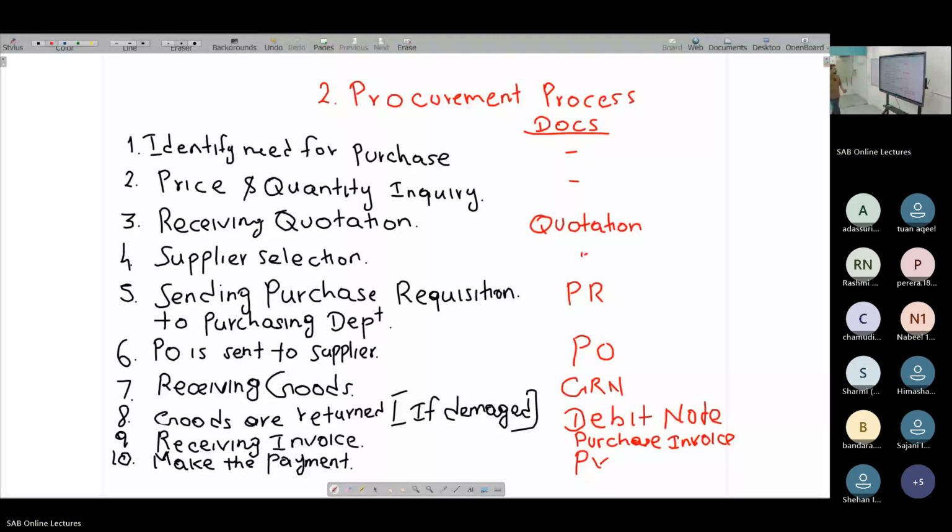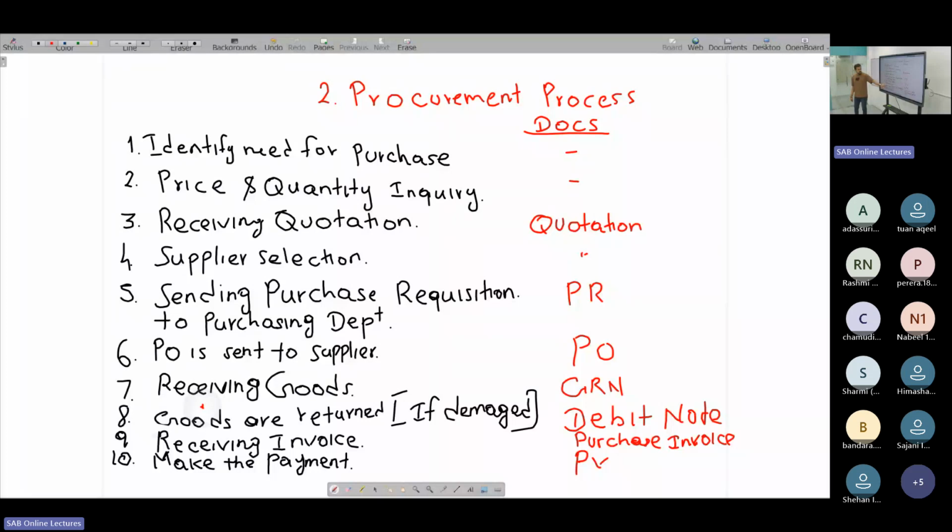Okay, so 10 steps are there in the purchase process. One thing we have missed compared to the sales process, what's that? One thing I have not included here. What's that?